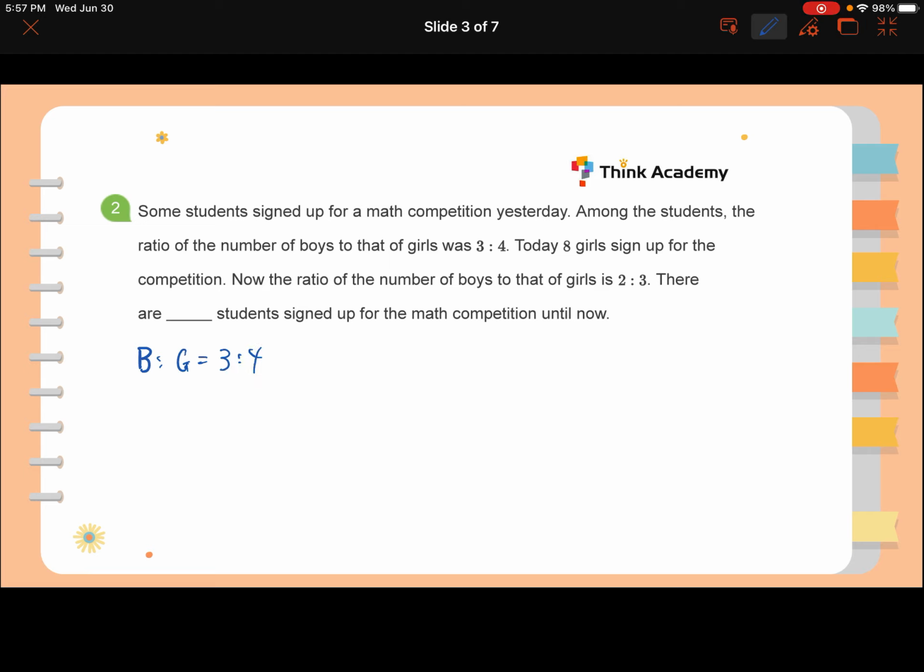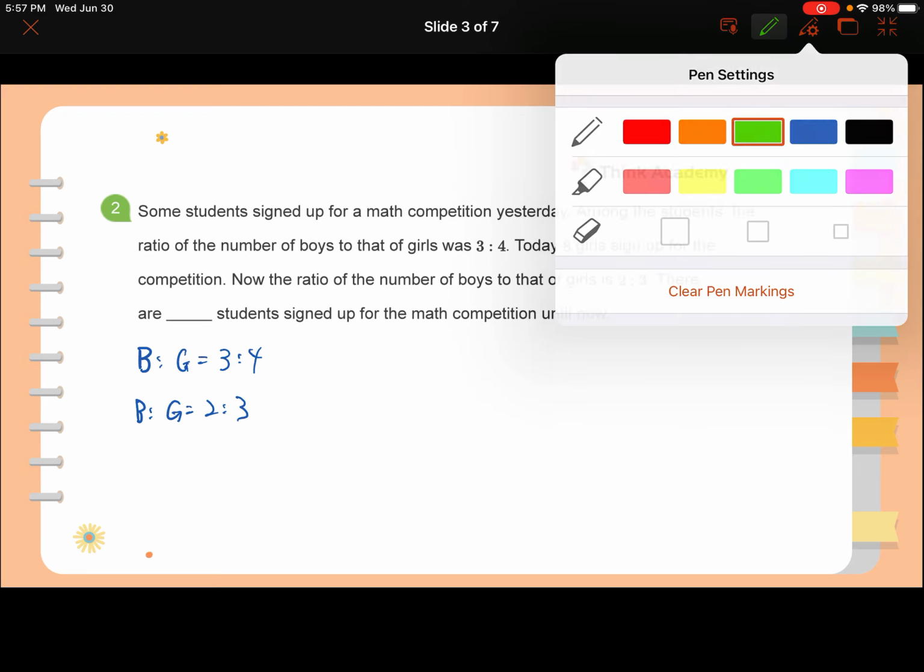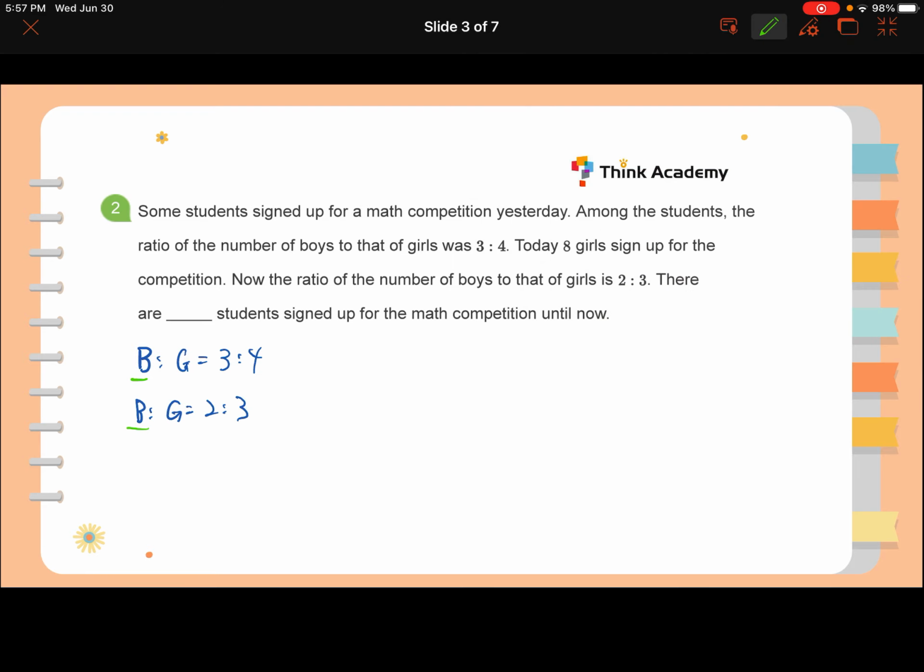And a day later, 8 girls sign up for the math competition, but there's no boys signing up for the math competition. And now the new ratio becomes 2 to 3. But we know that the number of boys stay the same because only 8 more girls sign up for the competition. So we have to keep these two numbers the same by looking for the least common multiple.